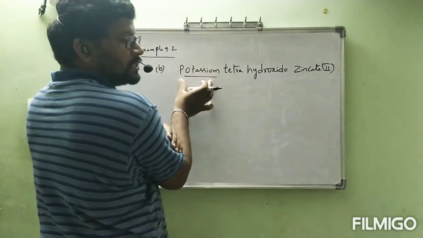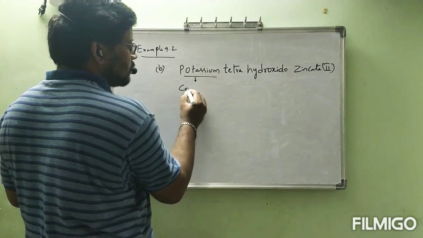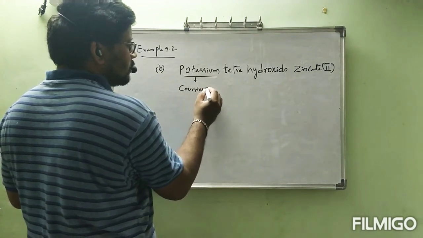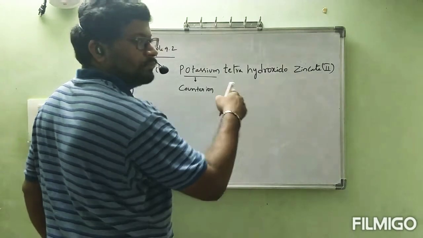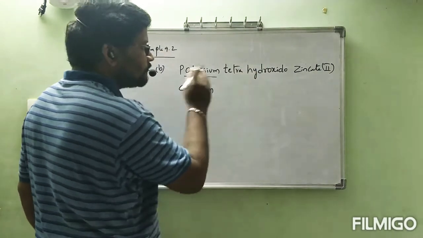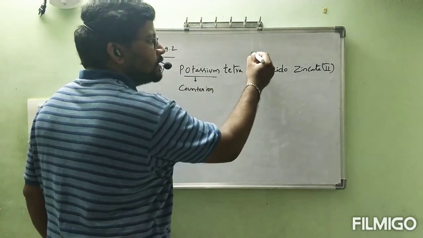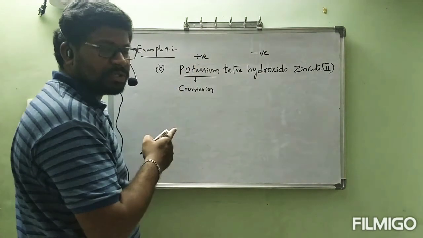This is metal, potassium. This is the counter ion. This is the complex ion. If the complex ion is written after potassium, then this is a negative complex. This is the positive ion. Every time, metal is positive.